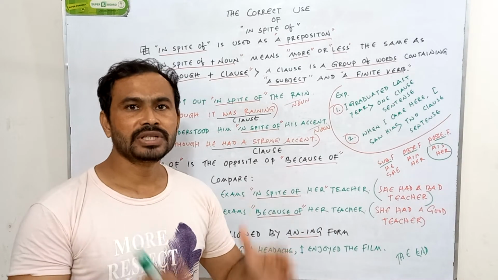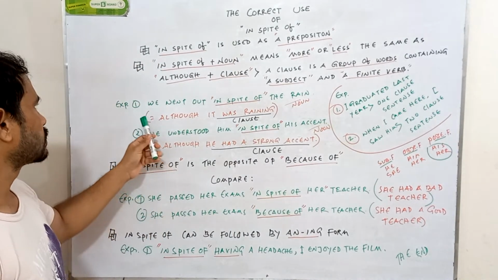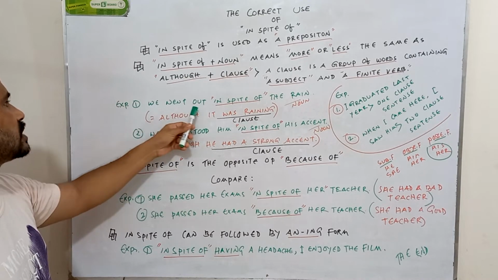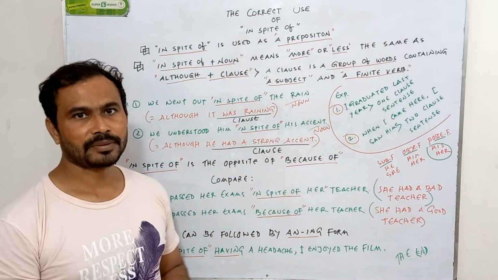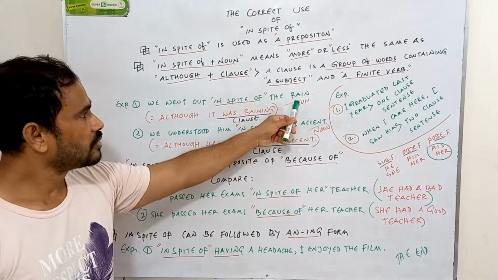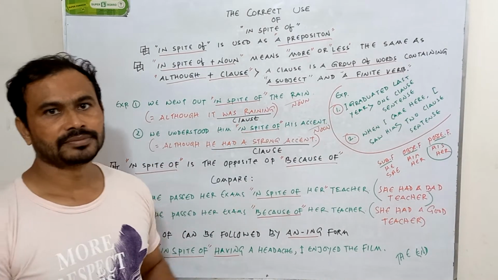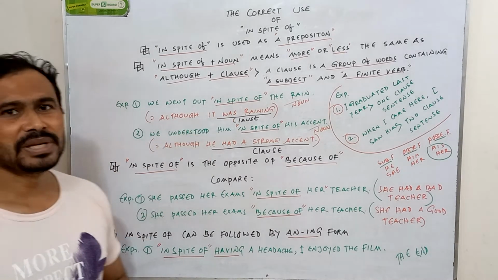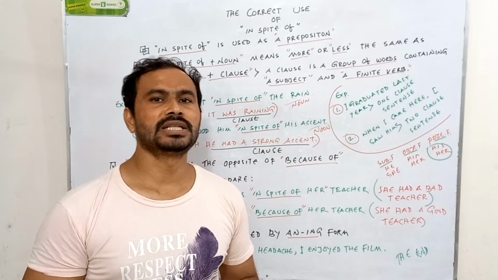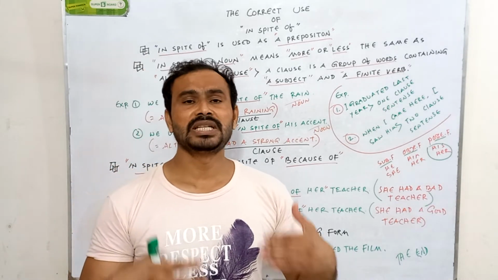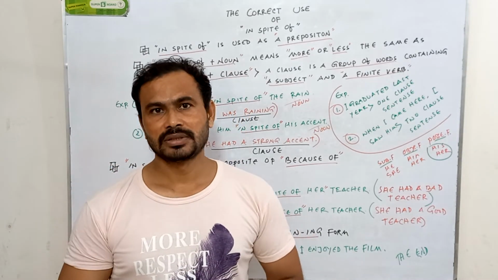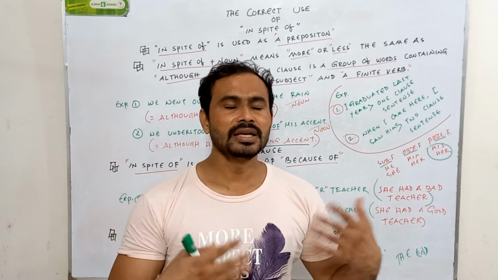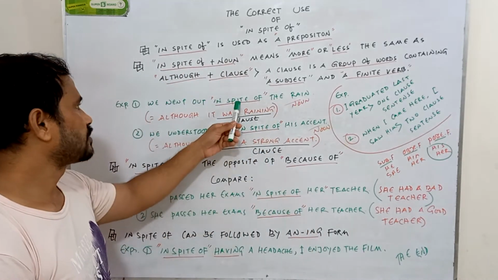I have written two examples for you. My first example sentence is: We went out in spite of the rain. Here rain is a noun. What does this sentence mean? It means you have an emergency, but you see it's raining heavily outside, but you have to go. In this situation, you can use in spite of.